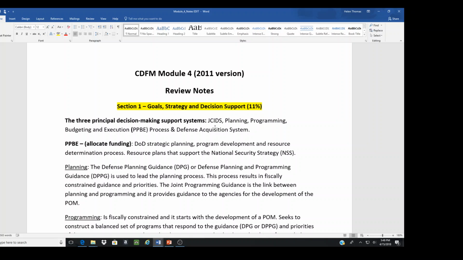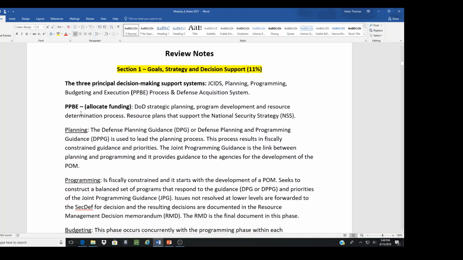Once we know what the national security strategy and the national defense strategy are, we need to determine in our military capabilities what our capability gaps are. You look through the DOTMLPF: doctrine, organization, materiel, training, and so forth. If it's a materiel solution, then that triggers the defense acquisition system that we're going to be talking about. And if it's simply that we need resourcing, then you go through the planning, programming, budgeting, and execution process.